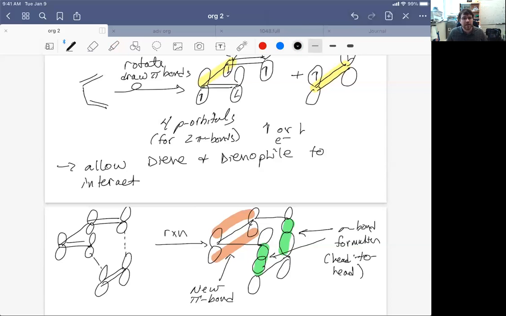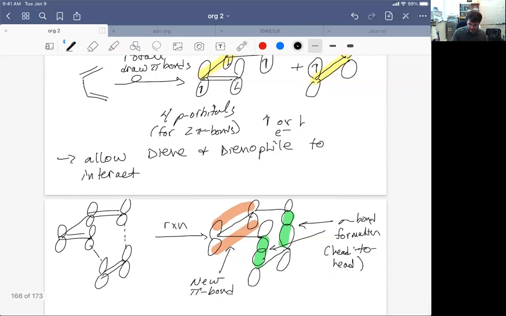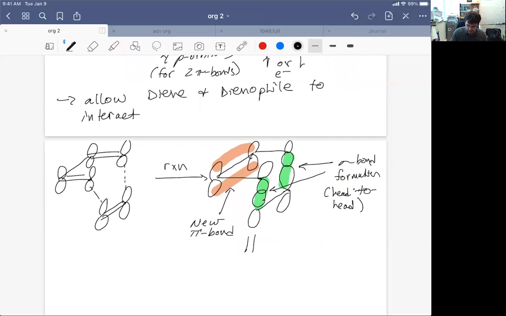But the orbitals will now form a pi bond, and that's that back double bond in the cyclohexene. And so we can actually draw this like this, where we have our pi bond in the back and our new sigma bonds as part of the cyclohexene system. Okay, so that's how the Diels-Alder reaction occurs from an orbital perspective.